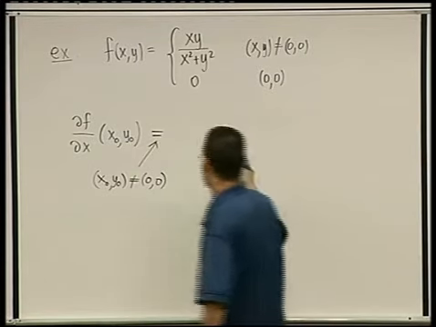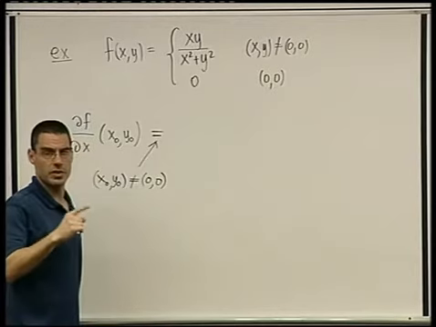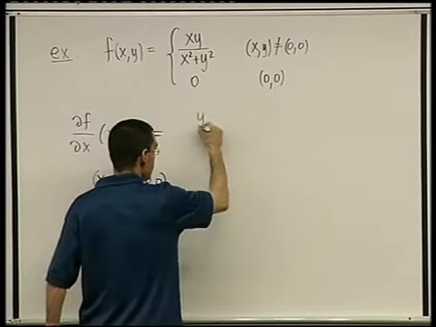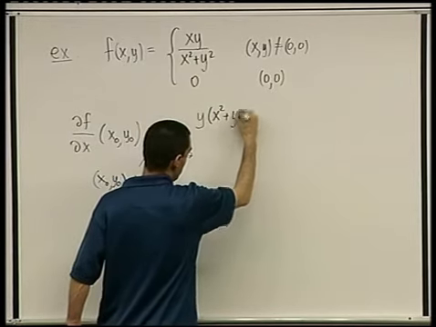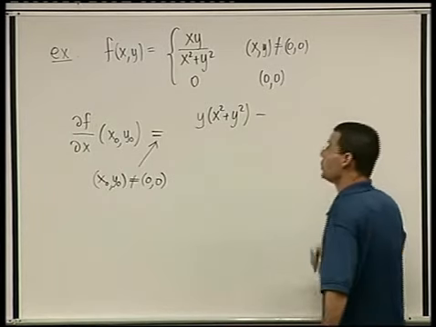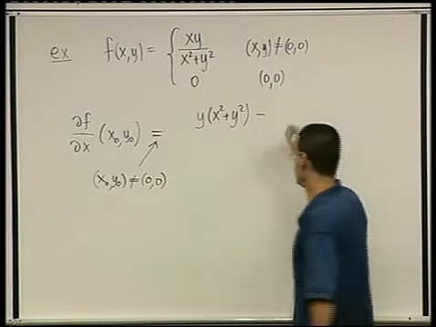So how do I use the quotient rule? I need to take the derivative of the top. What's the derivative of the top with respect to x? Y. Times the bottom, x squared plus y squared, minus the derivative of the bottom with respect to x, 2x.